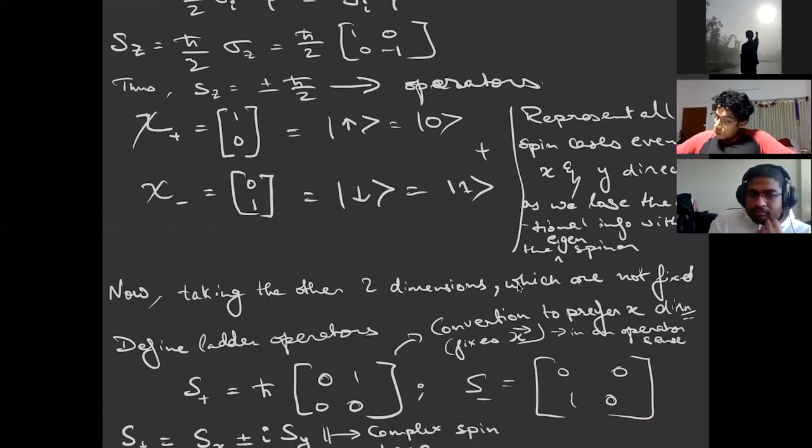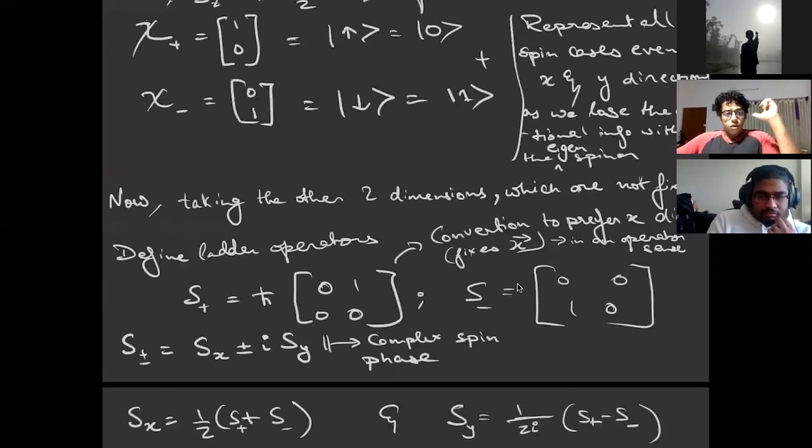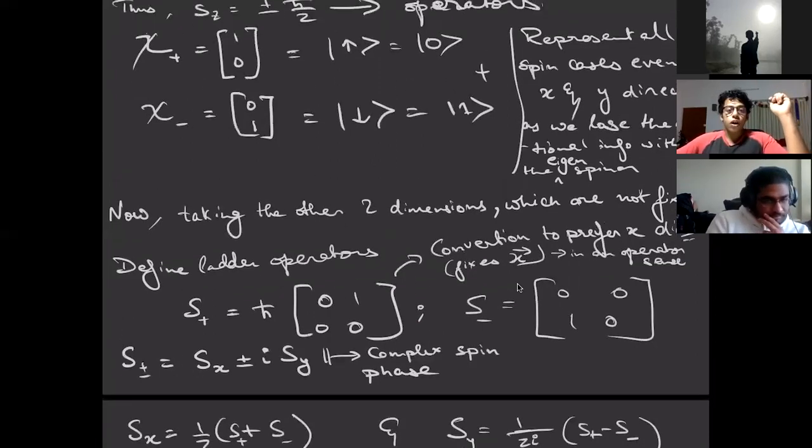So now, taking the other two dimensions, that is the x and the y dimensions. Once we have picked the spin along the z direction, we consider the other two dimensions now, right? So then you have your lowering and raising ladder operators defined this way, right?